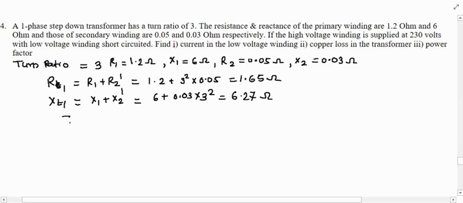Now from RT1 and XT1 I can find ZT1, which equals the square root of RT1 square plus XT1 square. So you will get ZT1 equals 6.48 ohm.